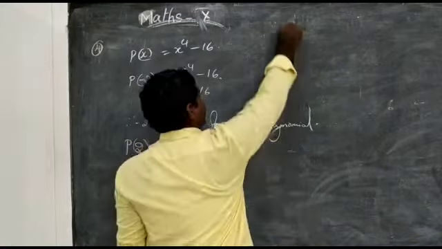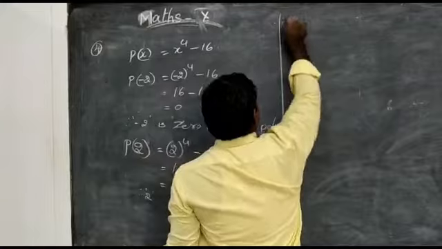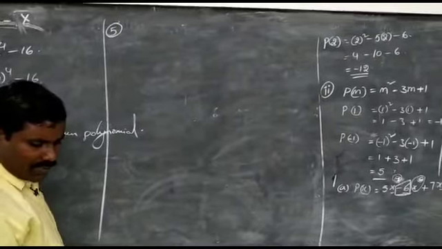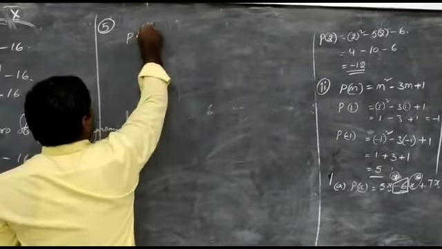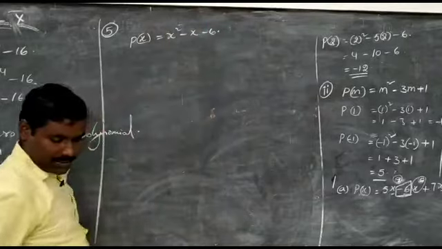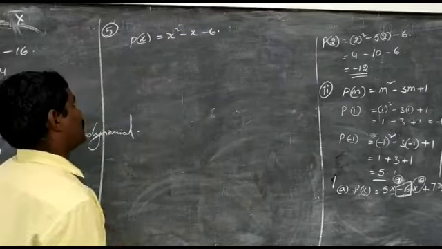Now in this last problem, the fifth problem, check whether 3 and minus 2 are the zeros of the given polynomial p of x is equal to x square minus x minus 6. Are 3 and minus 2 zeros or not? We have to check.